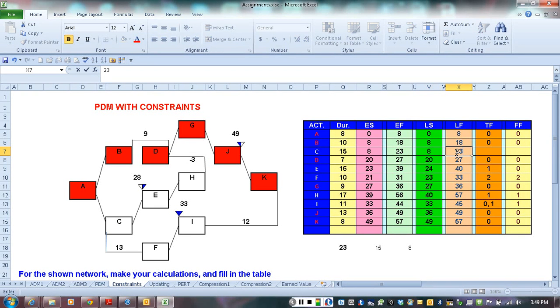Very interesting here. Let's just make sure that these numbers are correct. So here at E we had late start 24. Oh, 24, not 23. So 24 minus 15, that would be 9.